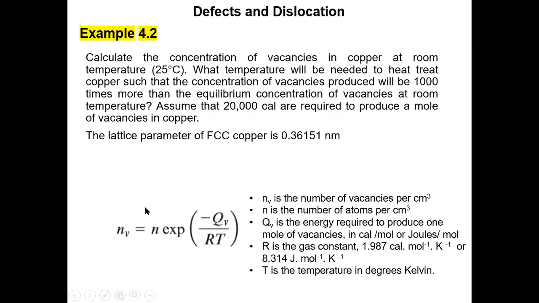N is the same, QV value is the same, R is the same, so you have to calculate T. Right? You have to do the reverse calculation. So you try this at home, and next week we will see the answers.